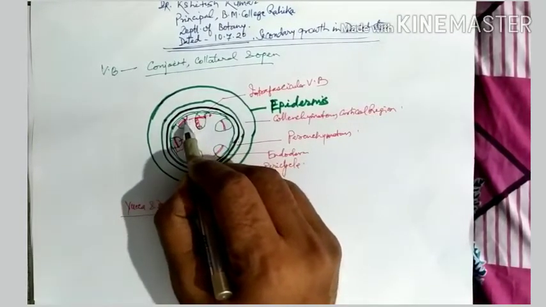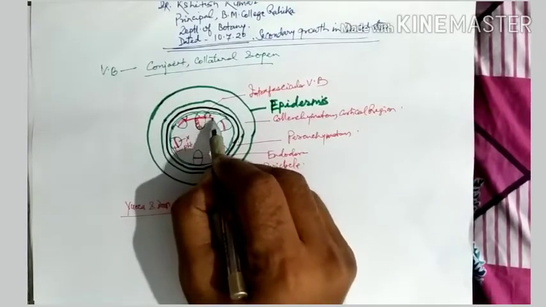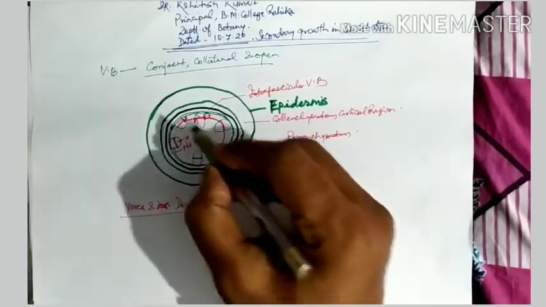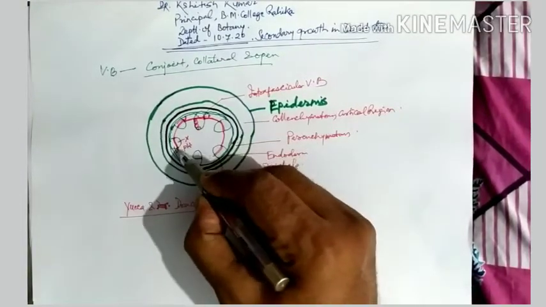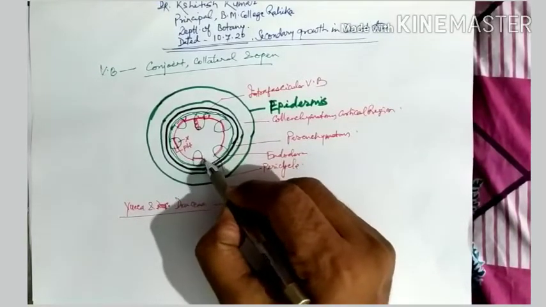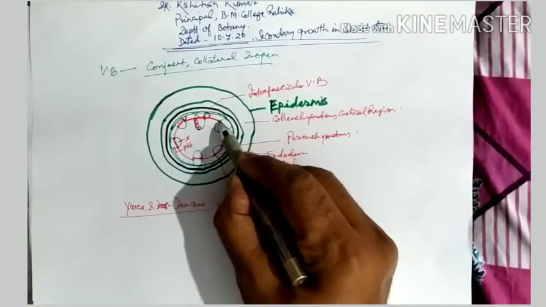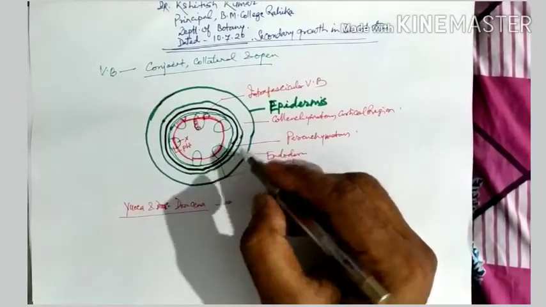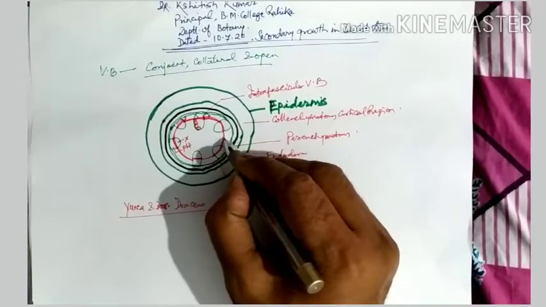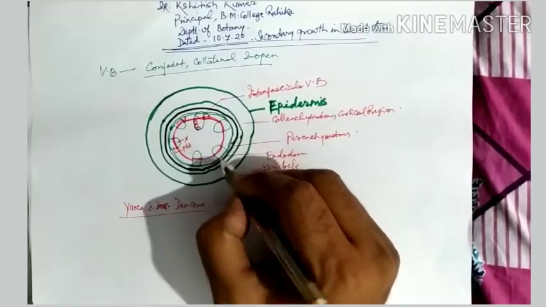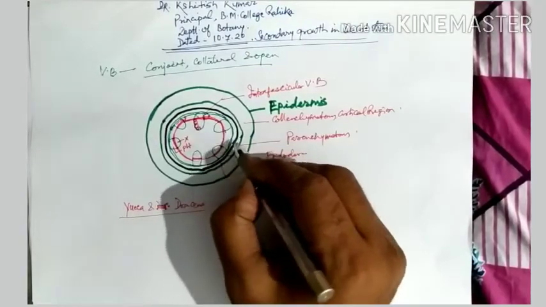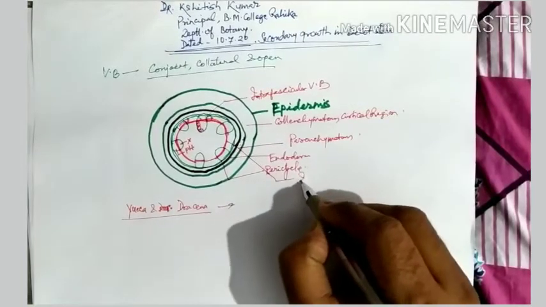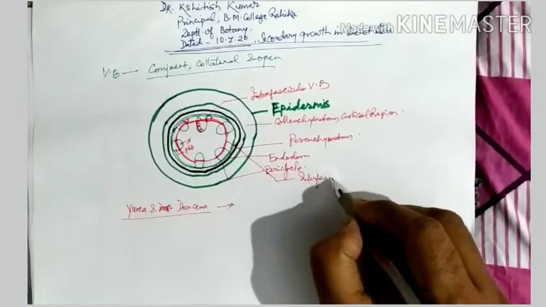Laterally it forms the ring and in due course it joins with the strip of each vascular bundle. So a ring of cambium is formed. The ring of cambium newly formed between the vascular bundles is known as interfascicular cambium.